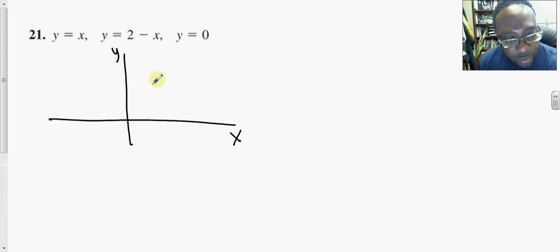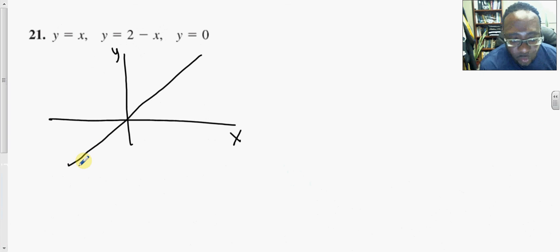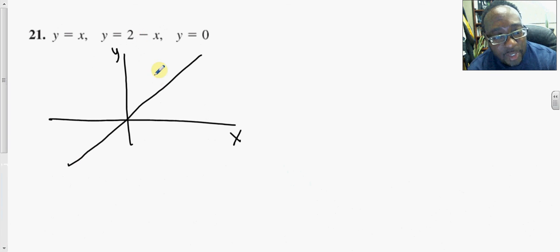Sorry about that, y equal to x this way. My right brain somewhat gets in the way sometimes, but it's good when you can check yourself. And so here, 2 minus x is decreasing, going downward. And when x is equal to 0, y is 2, somewhere up there.